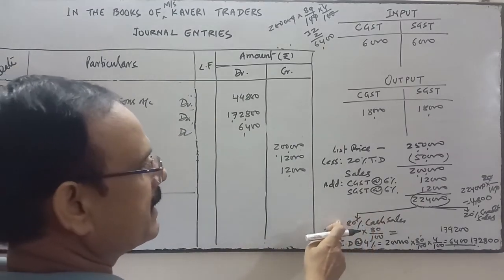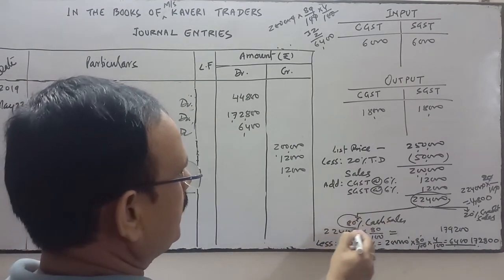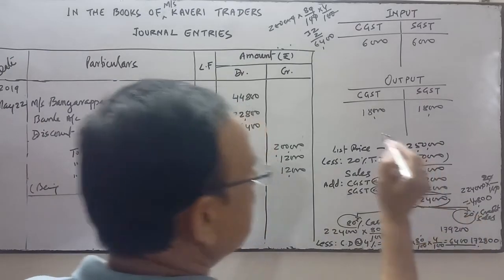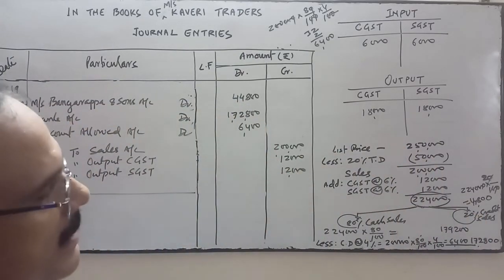Because 80% is the cash sales, the 20% is the credit sales.